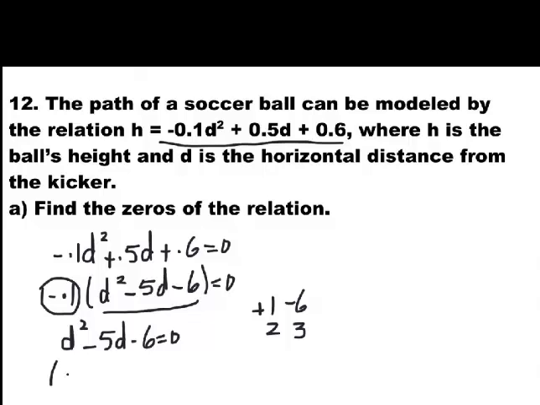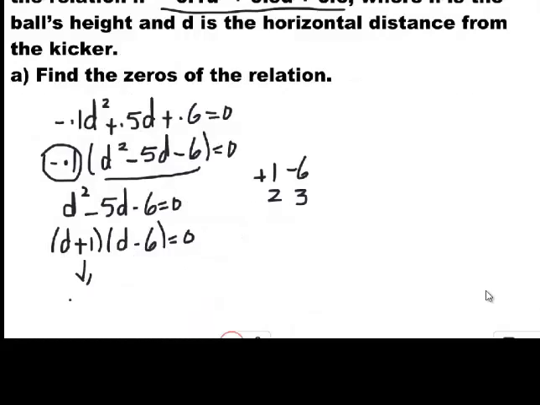So I get d plus 1 times d minus 6 is equal to 0. The product of two numbers is 0, so at least one of them has to be 0. So this one gives me d is equal to negative 1. This one gives me d is equal to 6. Now, if you look at the context of the problem, d represents the distance from the kicker.